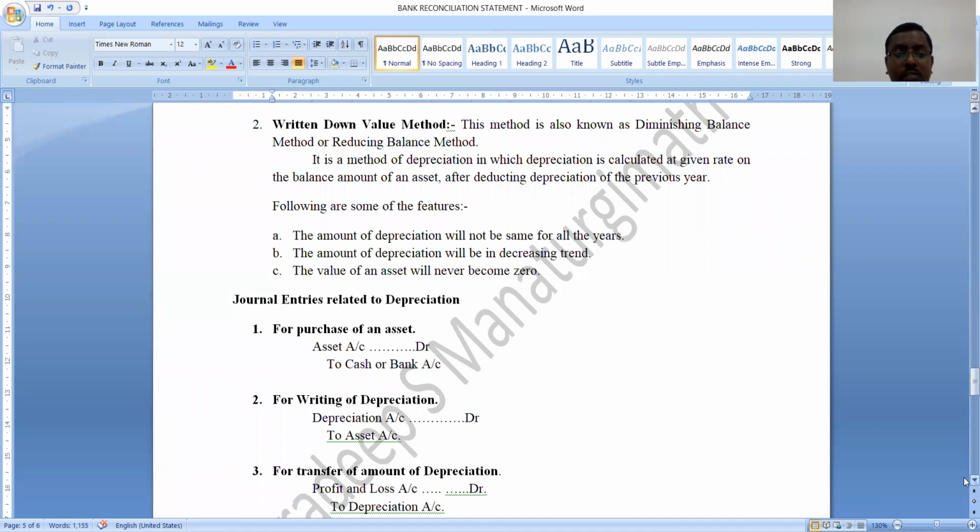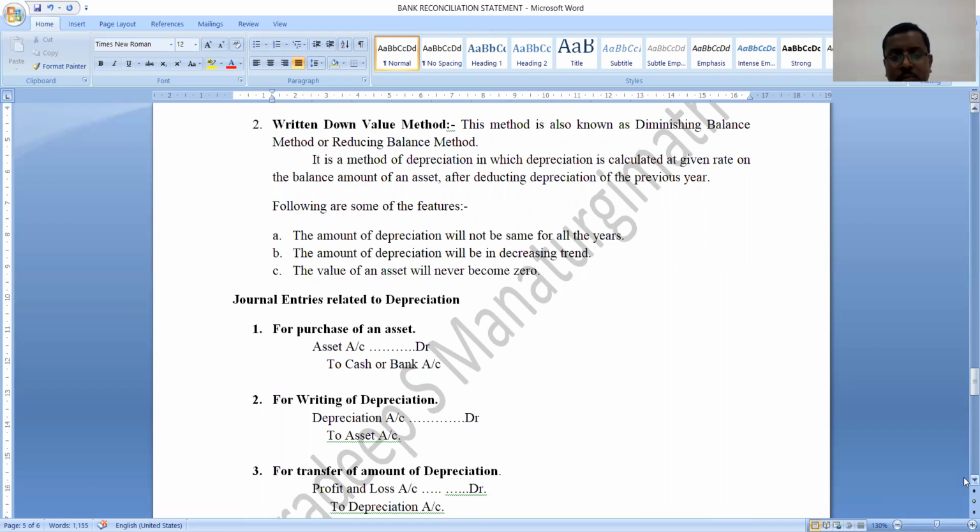That particular method is called the written down value method, meaning only in the first year you charge depreciation on the original cost of an asset. Understood? For further years you charge depreciation on the written down value of an asset. That particular method is called the written down value method.